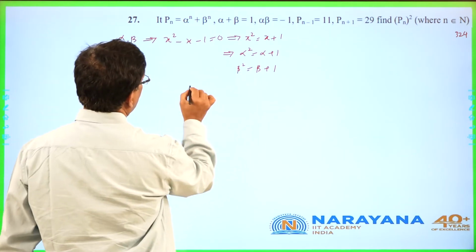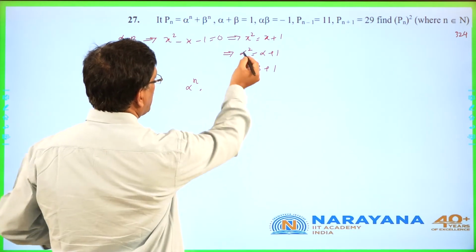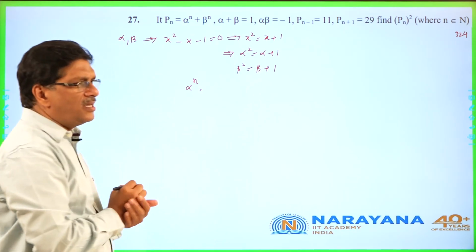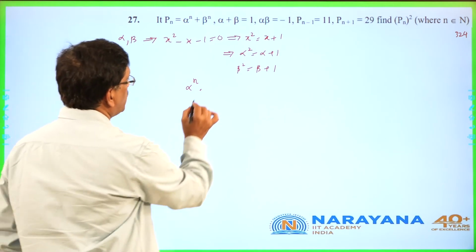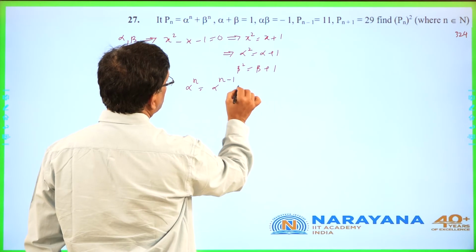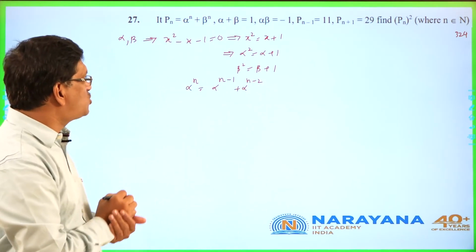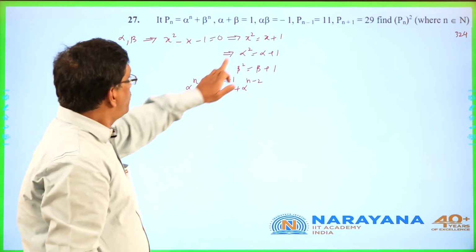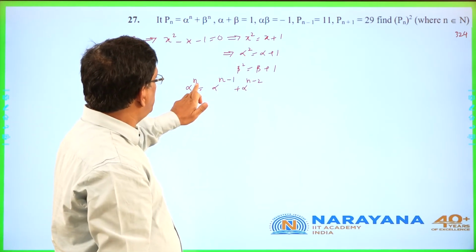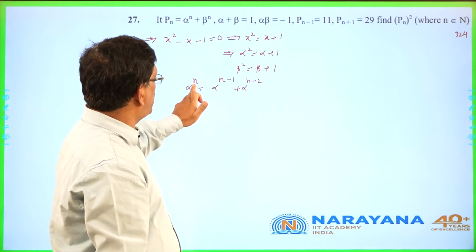So let us see what is alpha power n. To get n, I am multiplying by n minus 2. Please try to understand. So alpha square, I am multiplying it by alpha power n minus 2. Then you are getting like this.